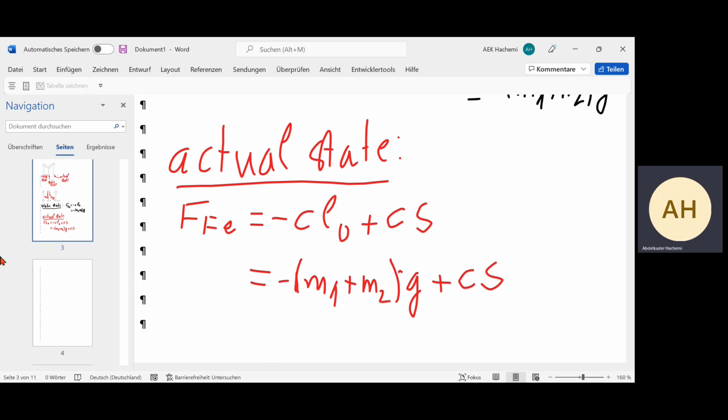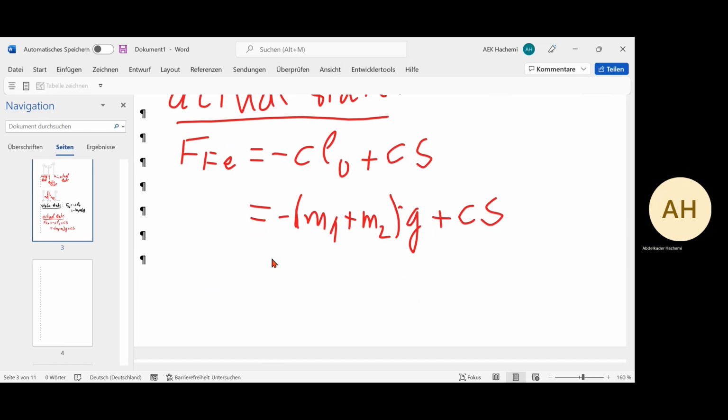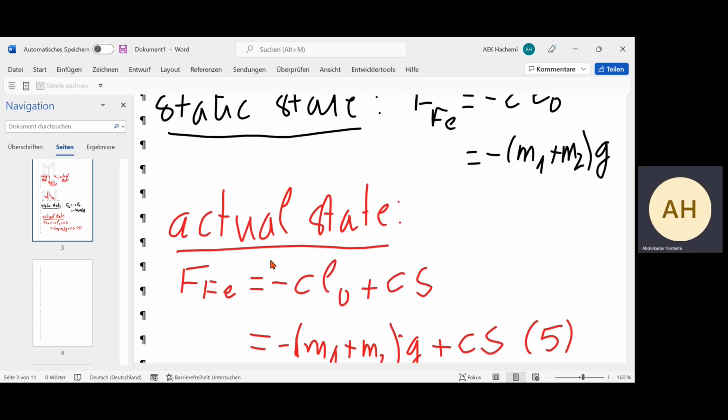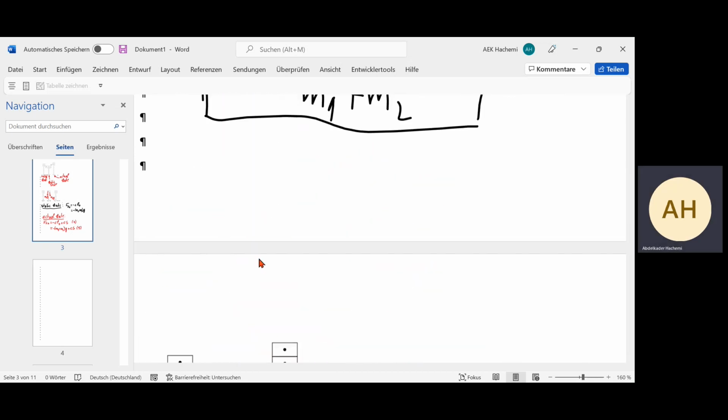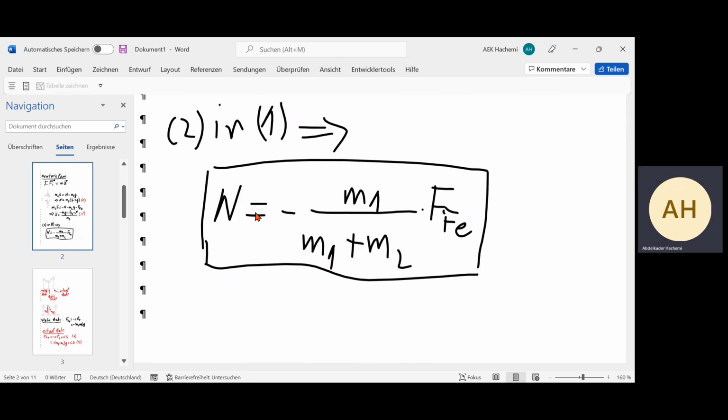Then if we now replace here this equation, okay, 5, this is 4. Then if we take here the 5, we replace it in this equation here, I call it 3.